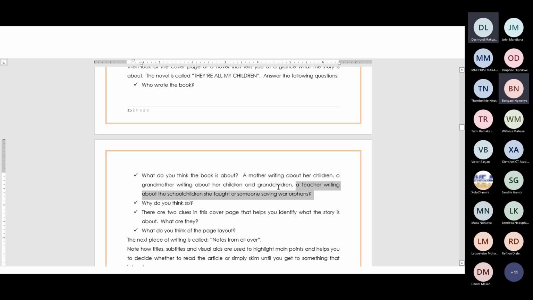A teacher writing about school children she taught, or someone saving war orphans. Yeah, I think she's saying war, someone saving war orphans. Then the next question says why, and I think that's Bongani. Why do you think it's someone saving war orphans, Bongani?